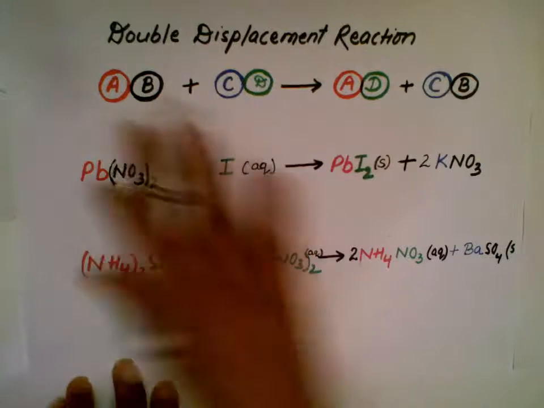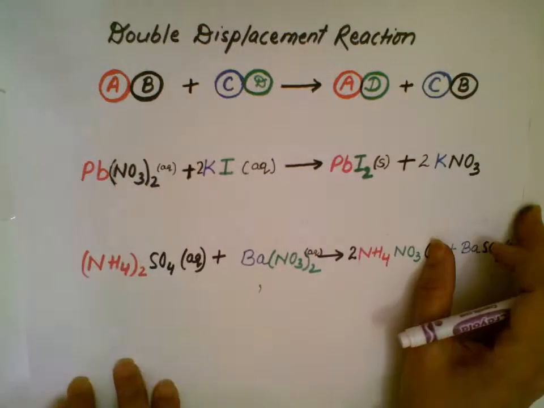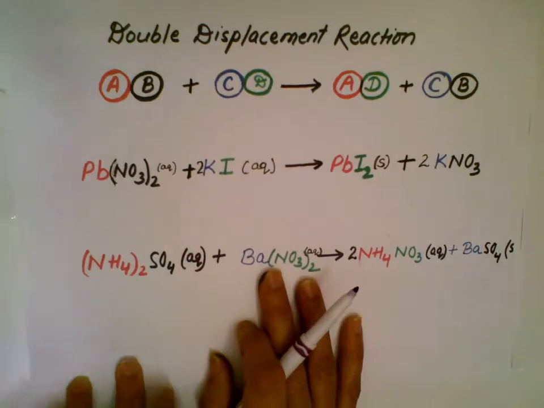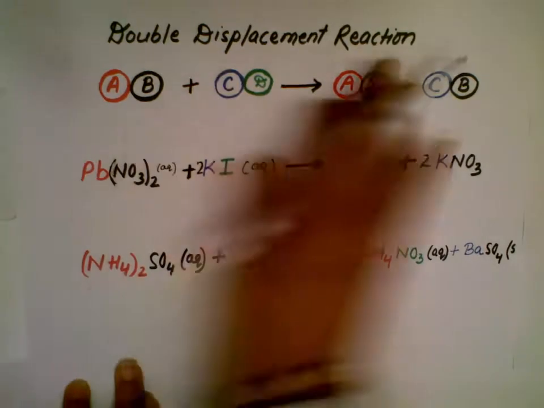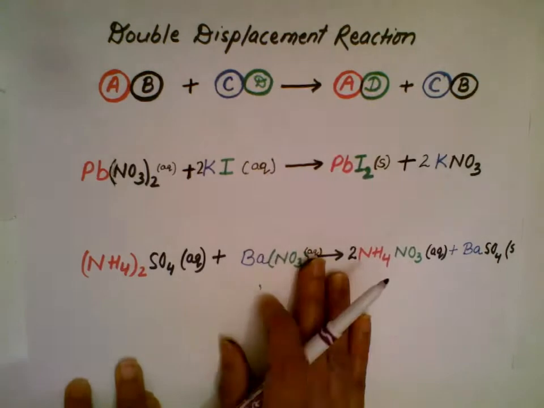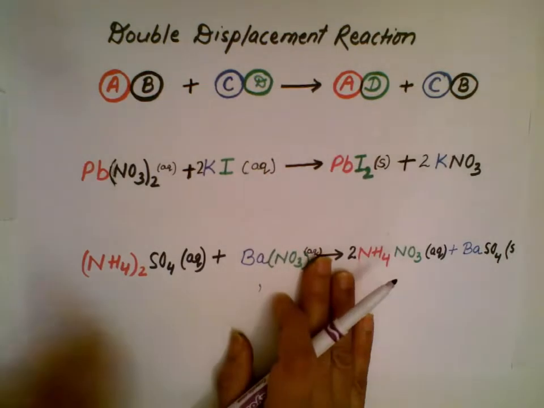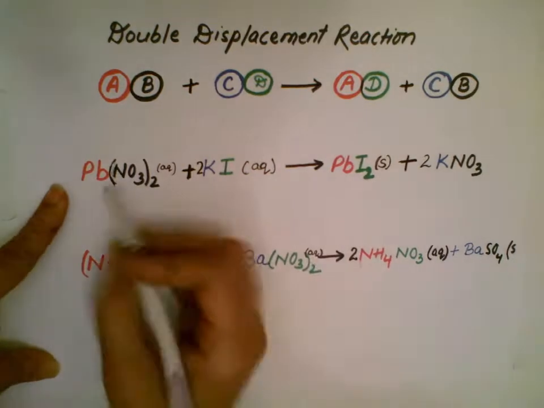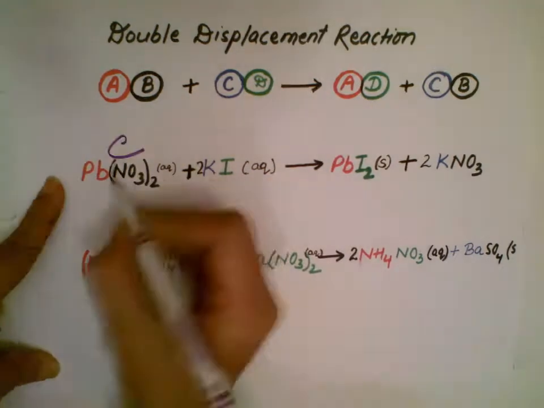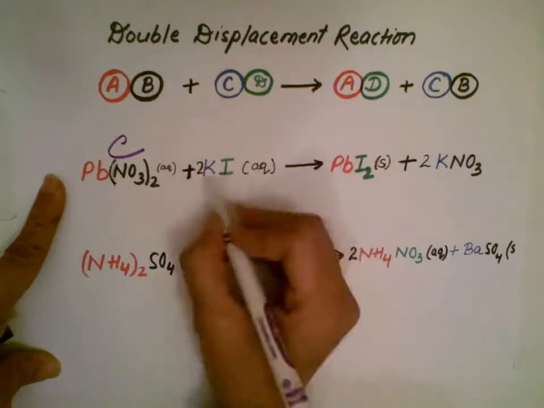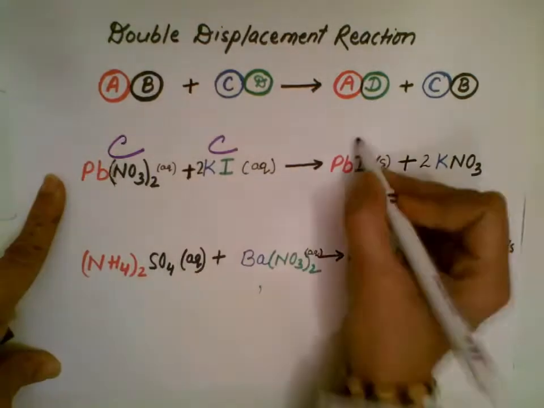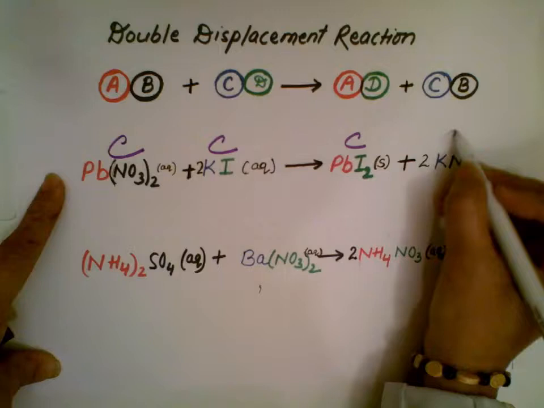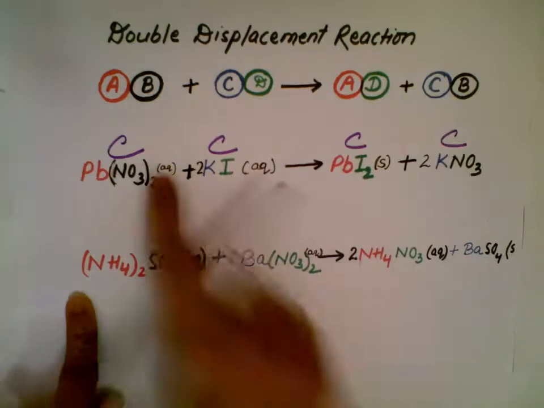This reaction happens when cations exchange their places. So when atoms or ions exchange their places, the double displacement reaction occurs. But again, the focus is to identify how we tell it is a double displacement reaction. Here, lead nitrate is a compound, potassium iodide a compound, lead iodide a compound, potassium nitrate a compound. Now they all are compounds.